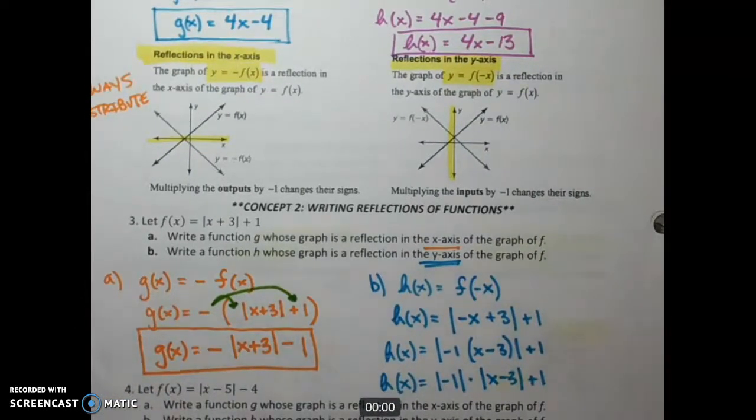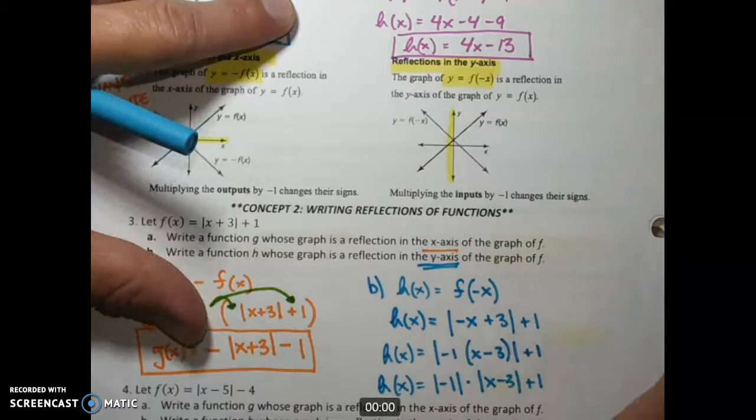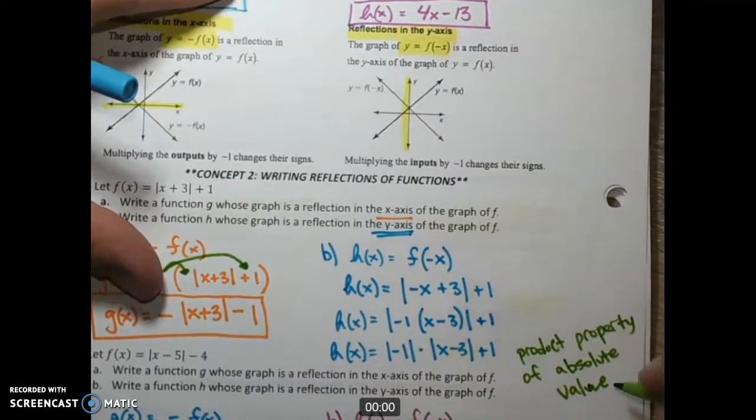It's called the product property of absolute values. I'm going to try to write that in here.